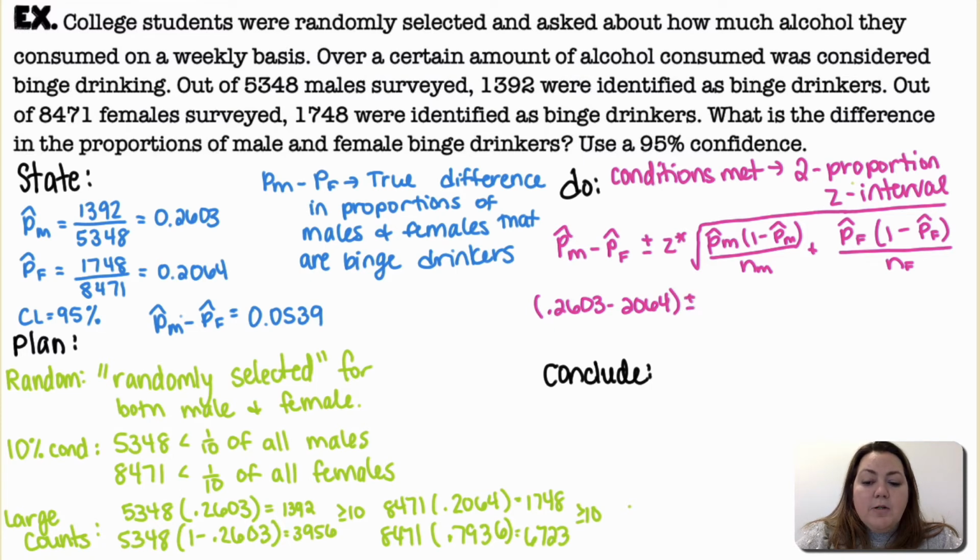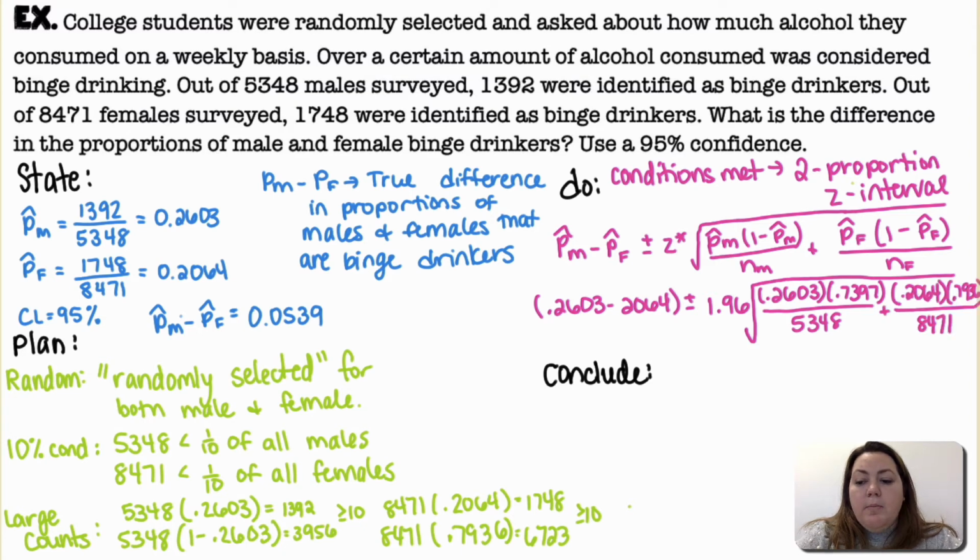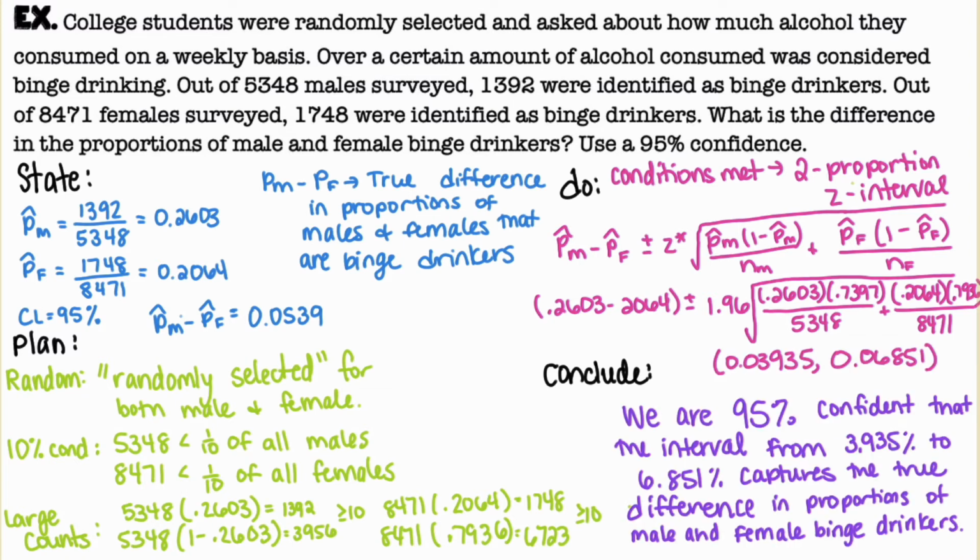Z star at 95%, hopefully you're starting to memorize that, is 1.96, times the standard error. I'm plugging in pM and the male sample size, and then p hat F and the female sample size. Okay. From there, I would grab my calculator and actually have the calculator run the confidence interval. So it'd be stat, test. We're doing a two proportion z interval.